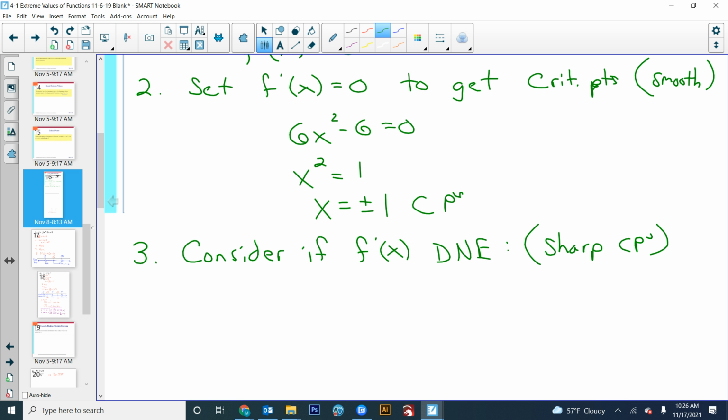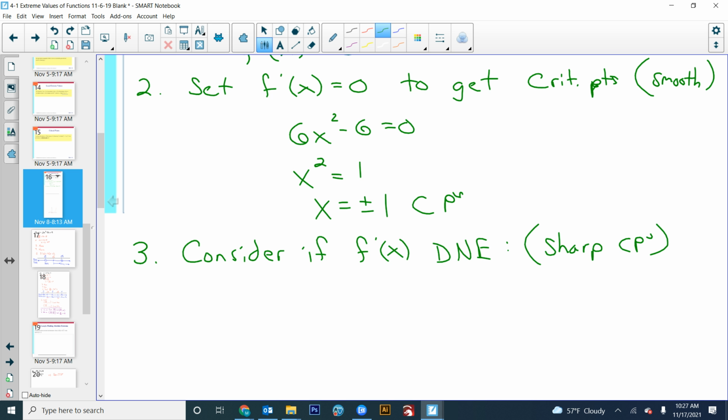Or maybe f prime of x didn't exist because f didn't exist. Well, I'm not going to put that because why would you try to find a max or a min on f if it didn't even exist there? It had to be continuous first to even have a max or a min at that point. Agree? So I'm just going to put sharp critical points.